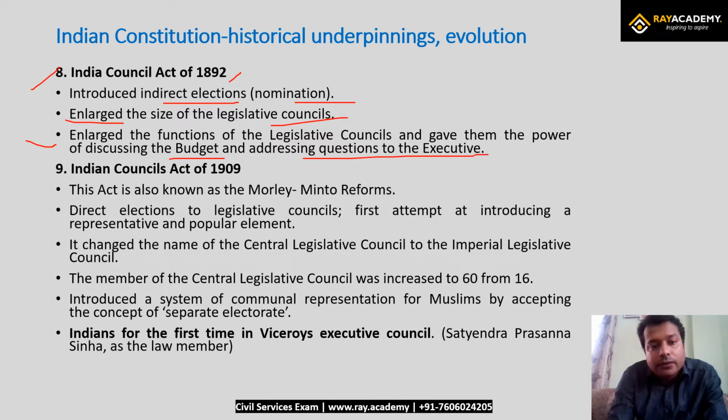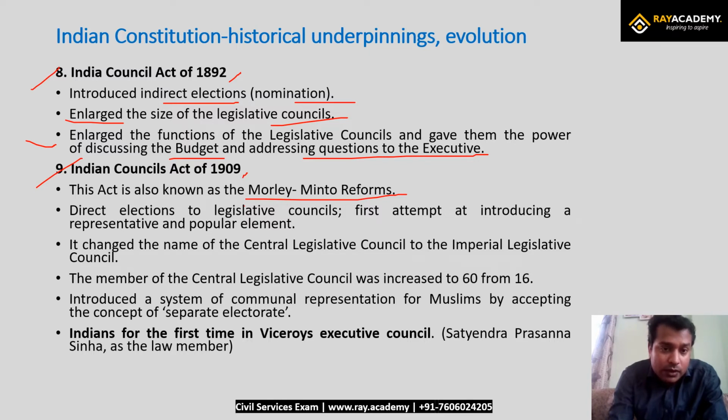Now, in the next Indian Councils Act of 1909, you need to understand this is also known as the Morley-Minto reforms. All of you are aware regarding the Bengal partition. Though history says the Bengal partition was purely based on administrative easiness, the hidden agenda was also to provide a communal angle in this particular Bengal partition.